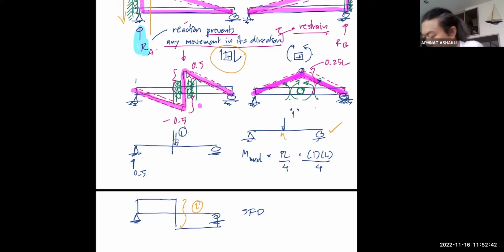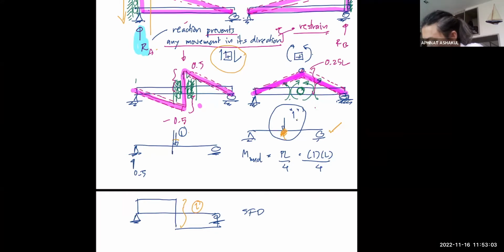And for the moment, we have no direct way but to apply the load itself at the location where it is most convenient to calculate the moment. And for me, it is midspan. So I apply the unit load at midspan and calculate the moment at midspan right away.